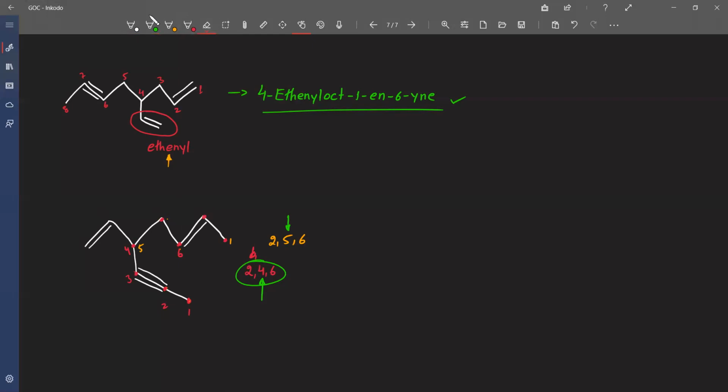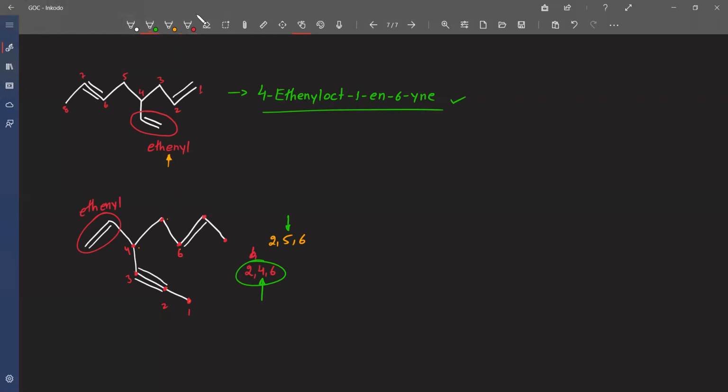Okay, so now let's move ahead and write the name. So first, as we have seen earlier also, this is your substituent. So this is nothing but ethynyl, just like we have seen above.